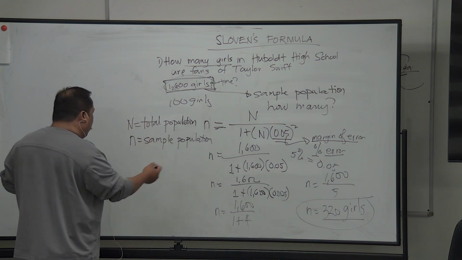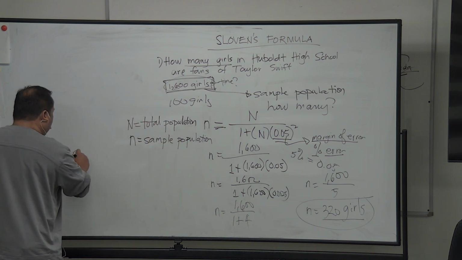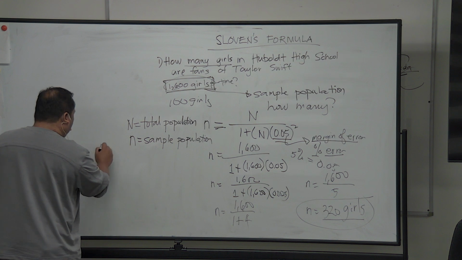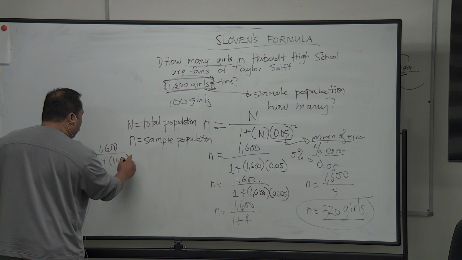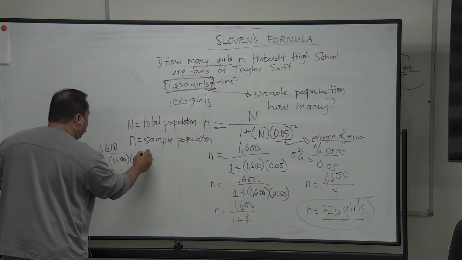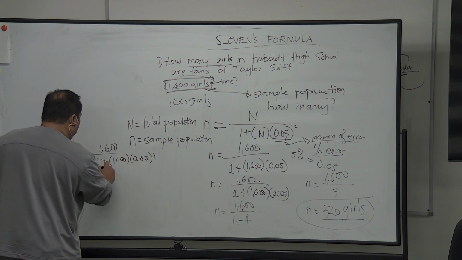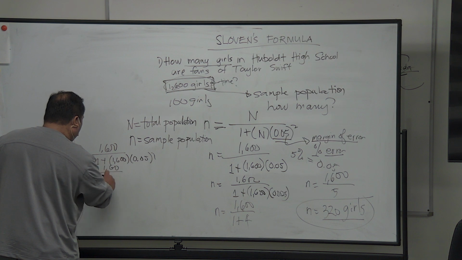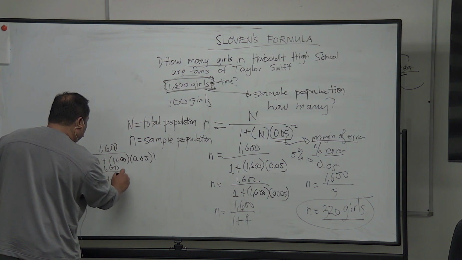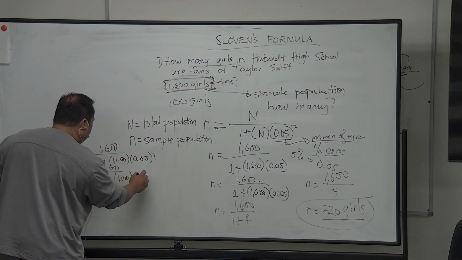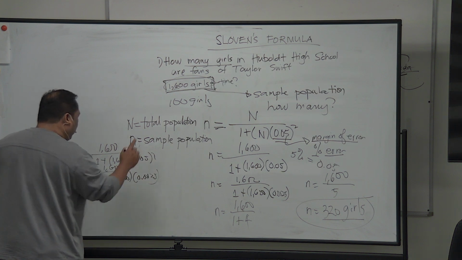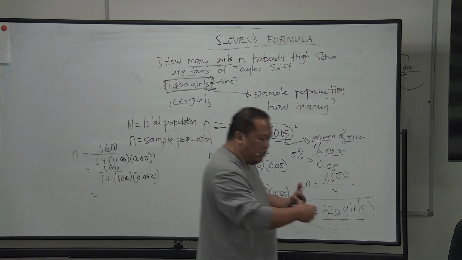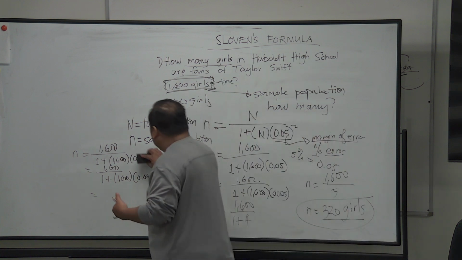So let's just say you increase your margin of error. Your n becomes 1,600 divided by 1 plus 1,600 times 0.05 squared. Oh no, sorry.